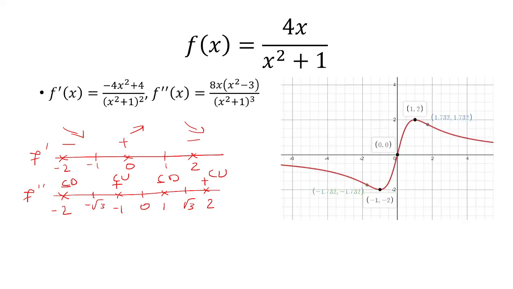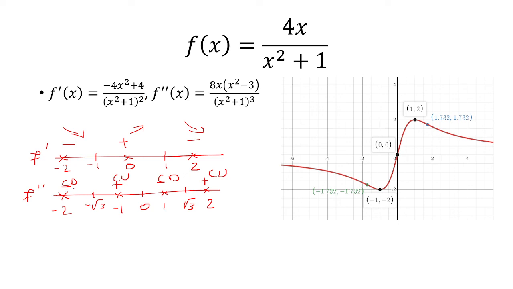So now we can look at the graph. At x equals negative 1, let's see from the left here, we're decreasing all the way up to negative 1. And at negative 1, we have a minimum. And then we're increasing all the way up to positive 1. And then decreasing again. So that's what this top is saying.